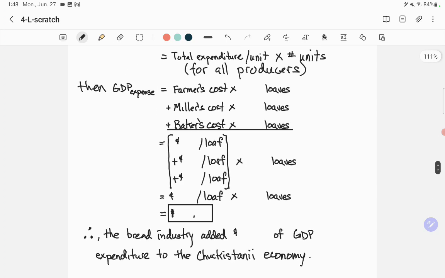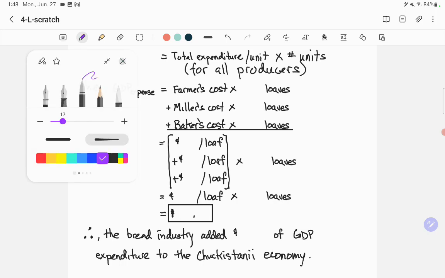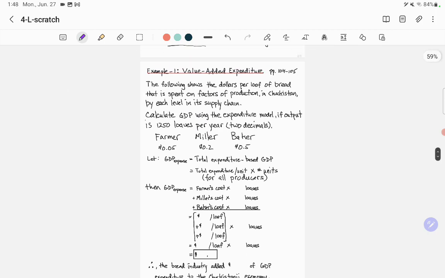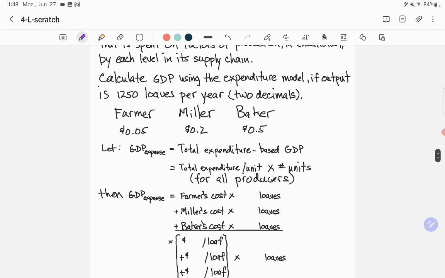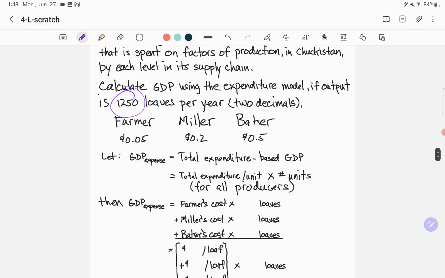You can do this math 2 ways. You can do it the long way, or you can do it this way where I've put it all together. What I would suggest when you do these questions, always write down which variable. So here, 1250, number of units.